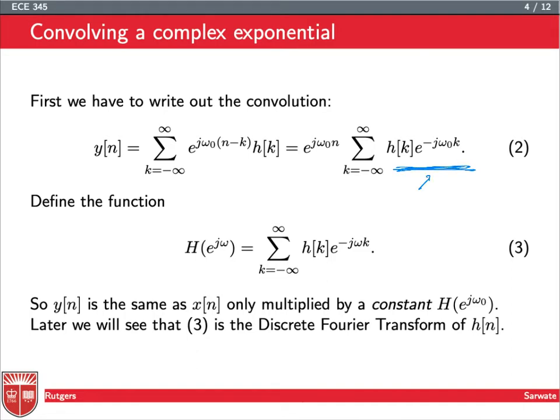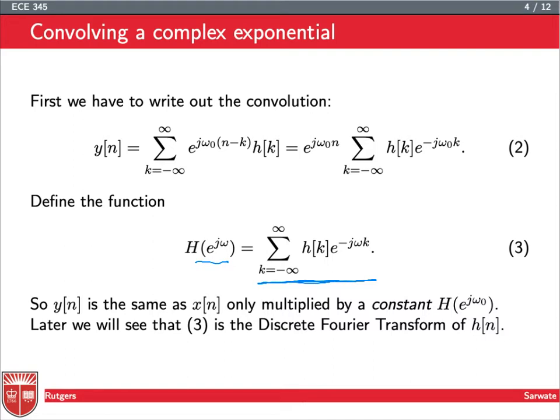The important point here is that there's no x of n in here. So that means this is just a function of h of n. So let's define this function, h of e to the j omega, and it's just equal to this sum over here.